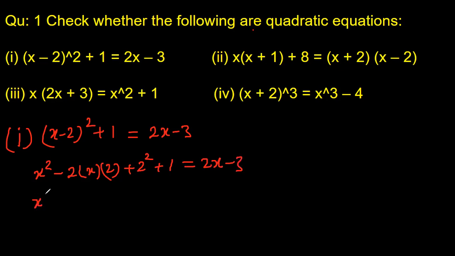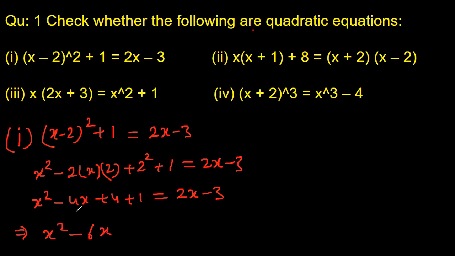Now this would be x square minus 4x plus 4 plus 1. Now we want to write it in standard form, which can be written as x squared minus 6x.